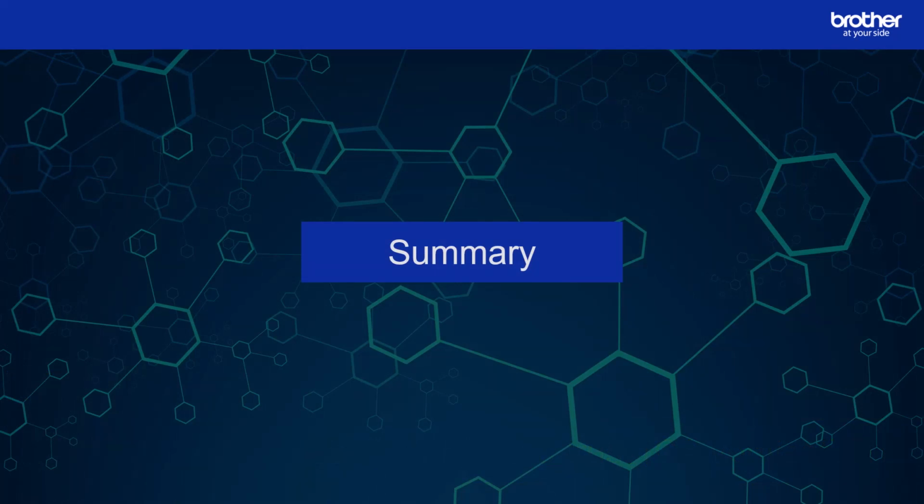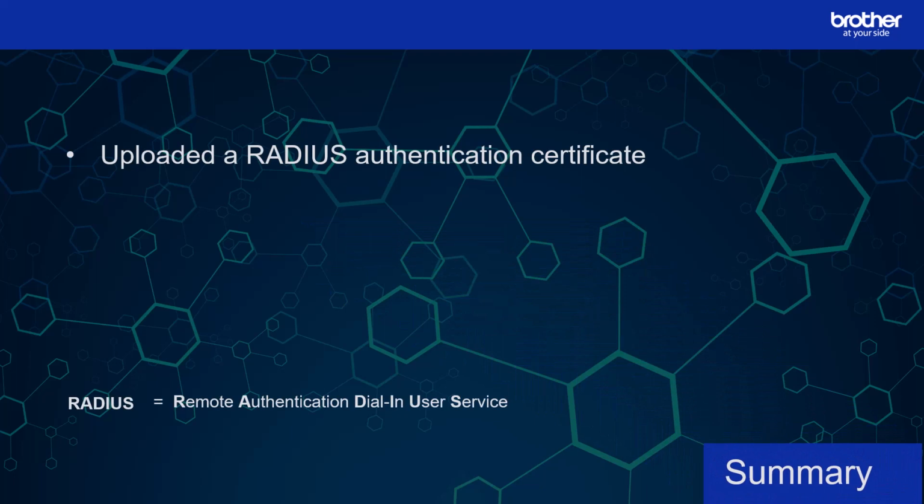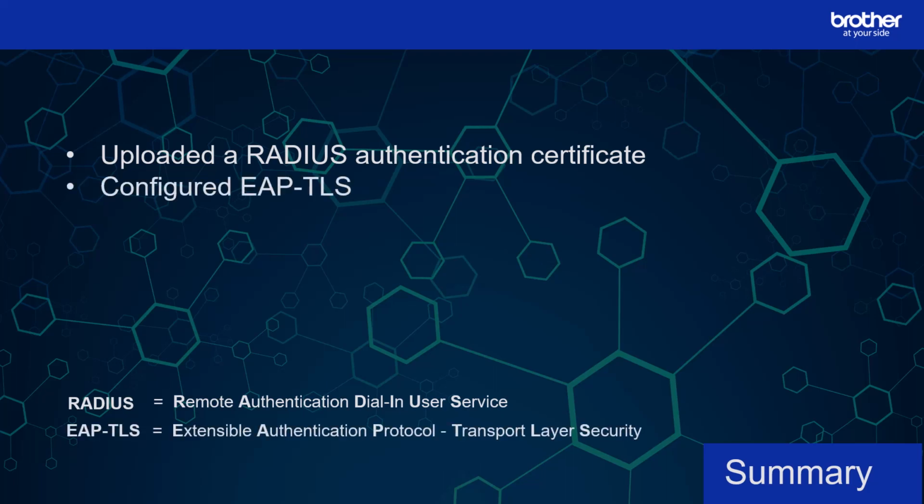I would now like to summarize. In order to connect a brother device to an EAP-TLS secured network, I showed you how I uploaded a Radius security certificate to it. I used the same certificate that I created in my last video. I then moved on to connecting my brother device to my EAP-TLS protected network.